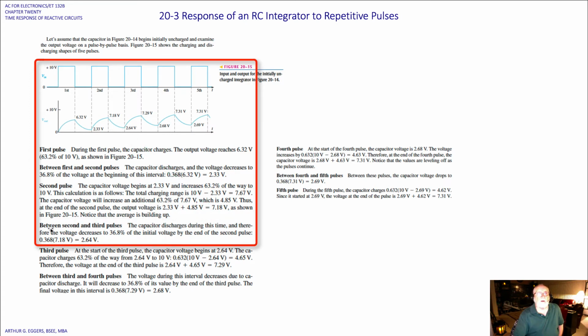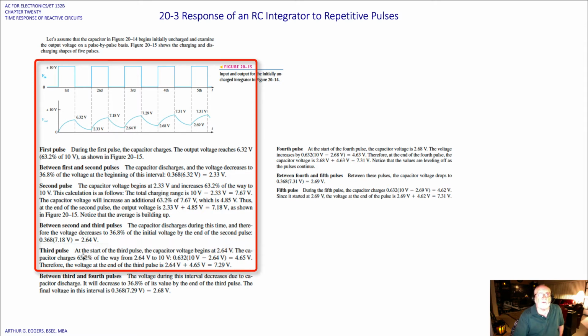Now we look at what's going on between the second and the third pulse, as we're moving to the next low to high. The capacitor discharges during this time, therefore the voltage decreases to 36.8% of the initial voltage at the end of the second pulse. So 0.368 times 7.18 gives us 2.64 volts in between. We're up just a little bit there.